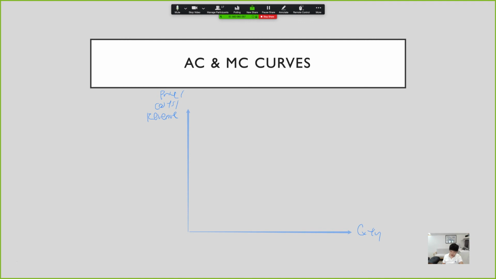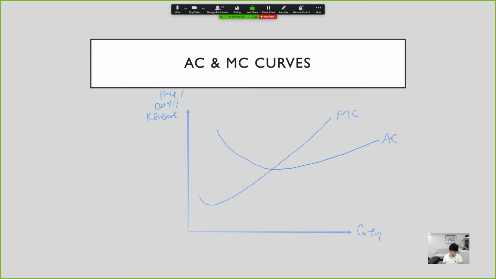For your MC curve, draw a Nike tick. Don't ask why yet, later I will explain if we have the time. Your MC curve must always cut your AC curve at the minimum point.